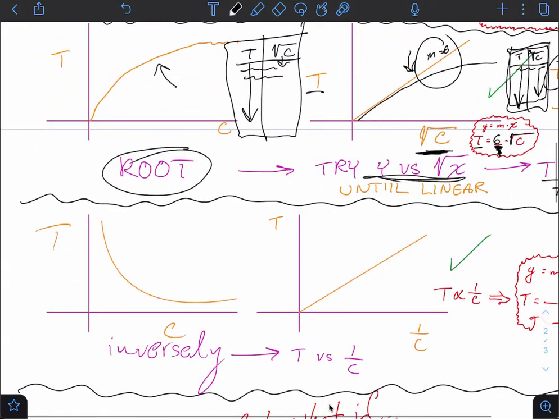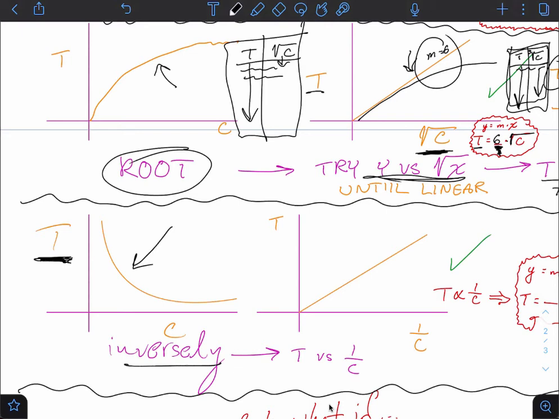All right, and your final one that I do want to discuss with you is inverse proportionality, or rather, it goes in the denominator because that's what an inverse is. And that's anytime you get this downward curve. So period is proportional to 1 over c.